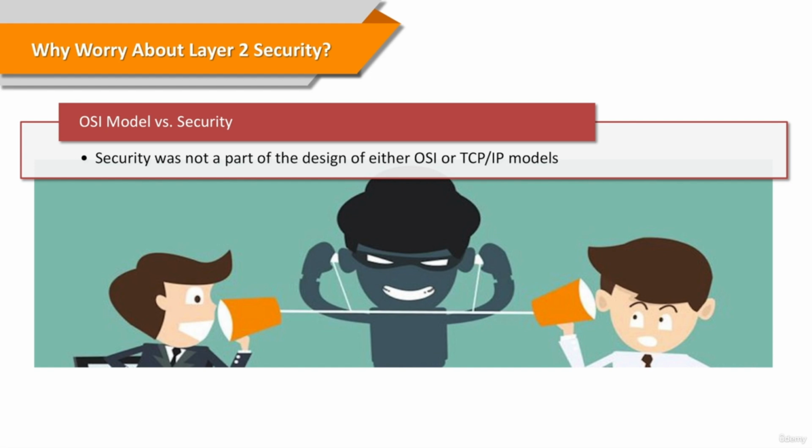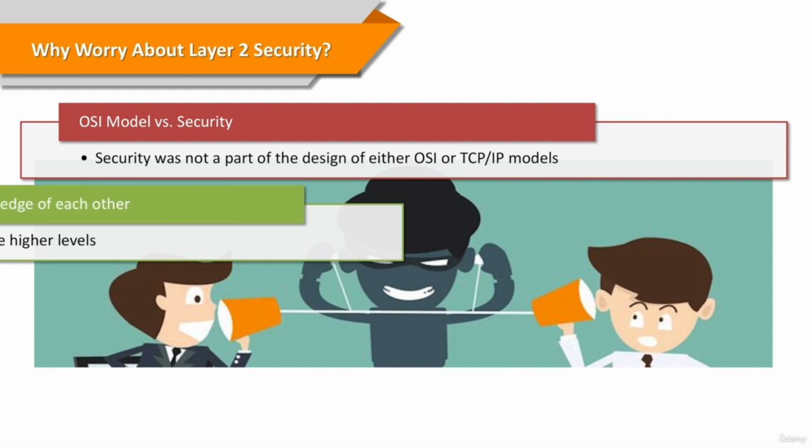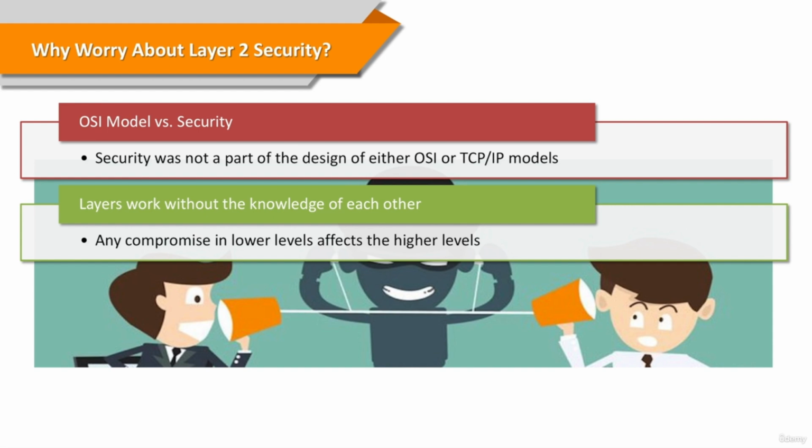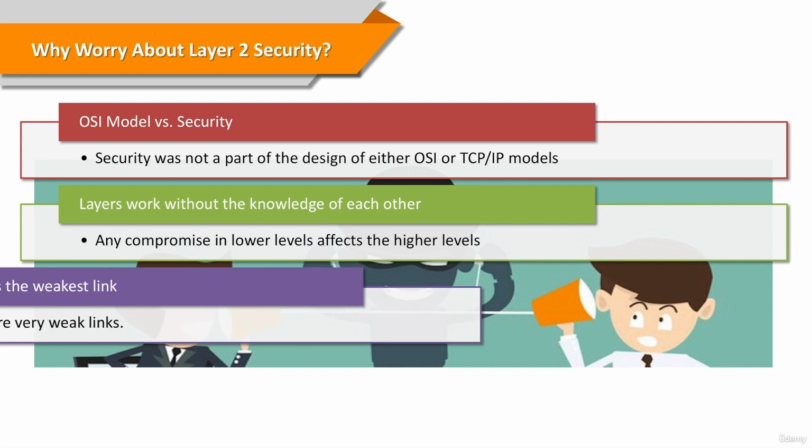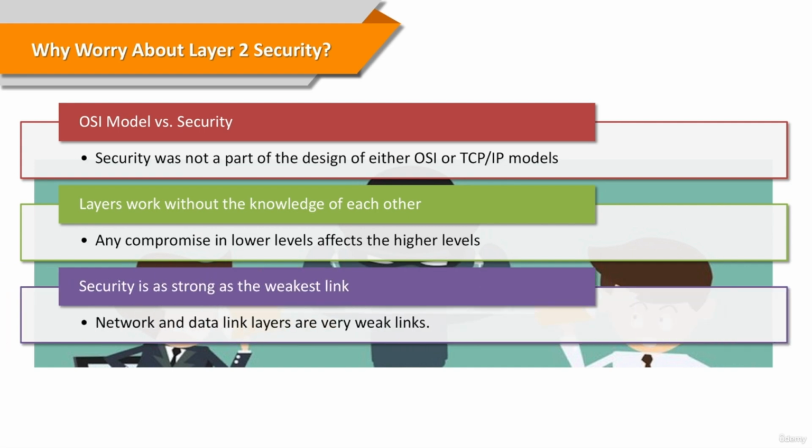Further, while there may be OSI layers, there are not necessarily protocols that correspond to them. You see, OSI was built to allow different layers to work without knowledge of each other. So any compromise in lower levels directly affects the higher levels. As a result, a system is only as secure as its weakest link, right?